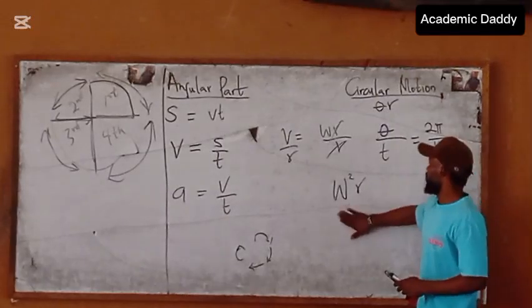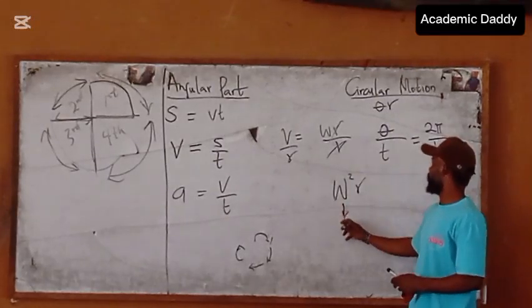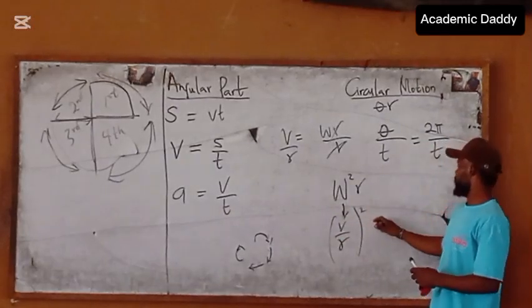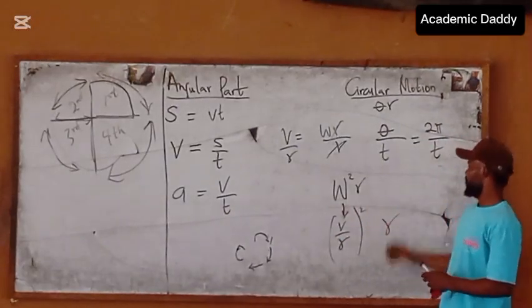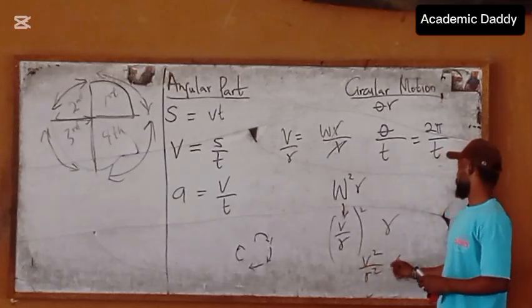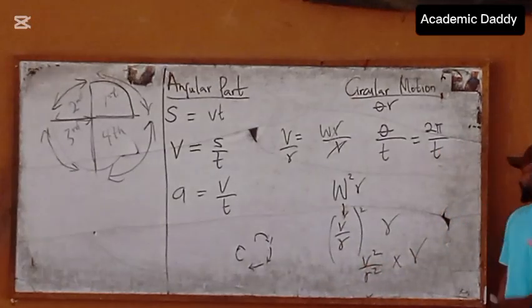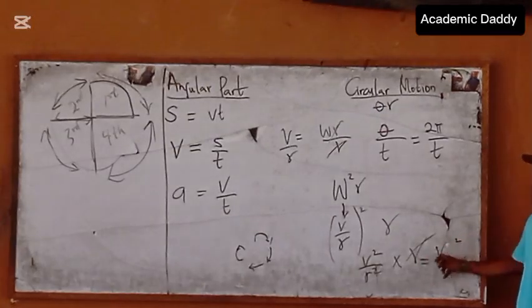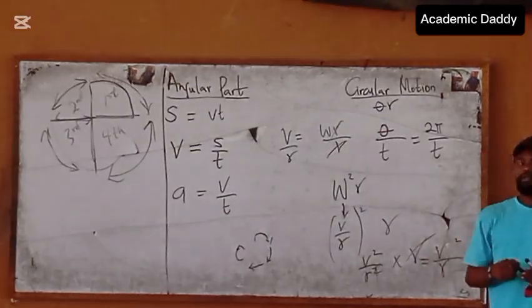You see that too? So that means that I can substitute for ω, v over r. ω squared, I'm coming for it, then times r. So that this becomes v squared over r squared times r. So that if I cancel, I'm left with v squared over r.